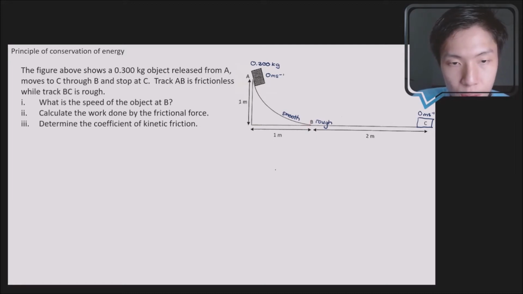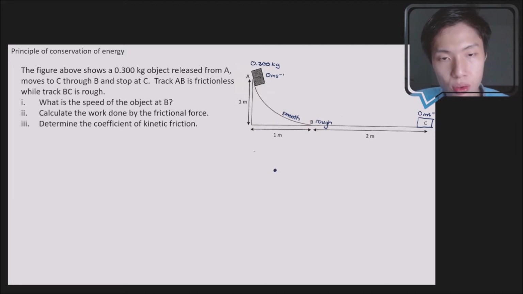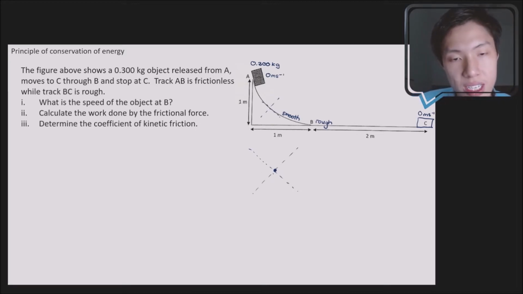If you draw a free body diagram using a dot to represent the object, then you have an axis. This one is parallel to the slope, and this one is perpendicular. This will be your axis. Then you should expect the object to have weight because it has mass.